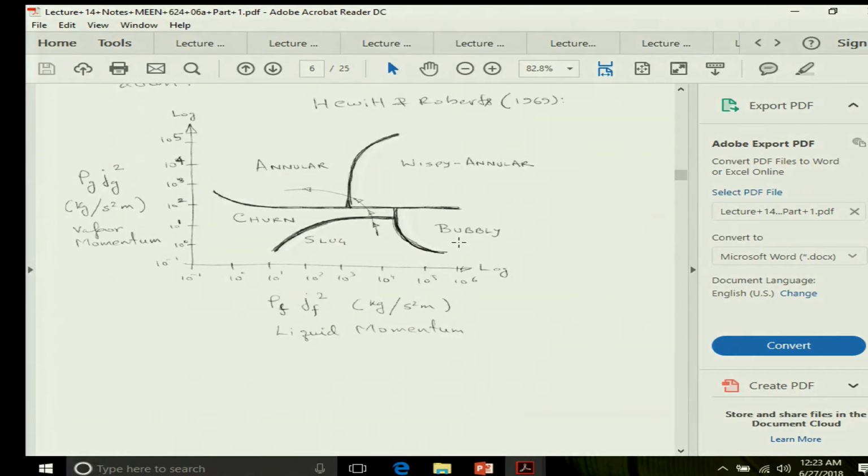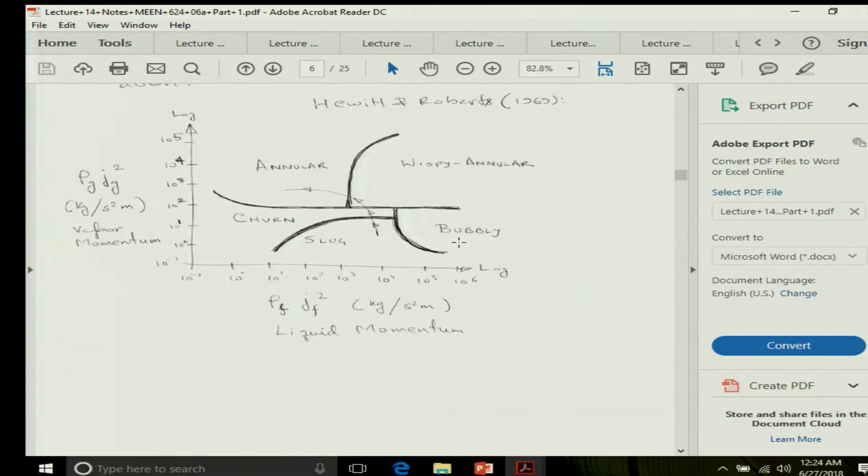So what Hewitt proposed is kind of like a momentum map. Okay. So what you see is rho g times jg has units of velocity, right? So this is kind of like rho v square. So this gives you an estimate for the momentum in the gas phase.